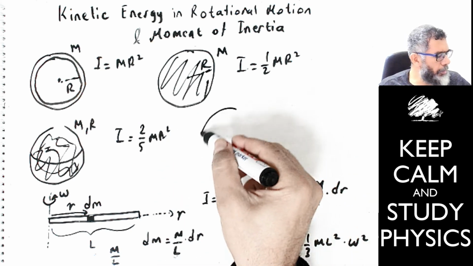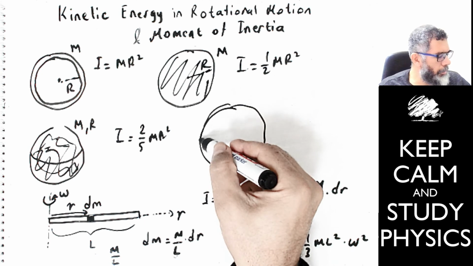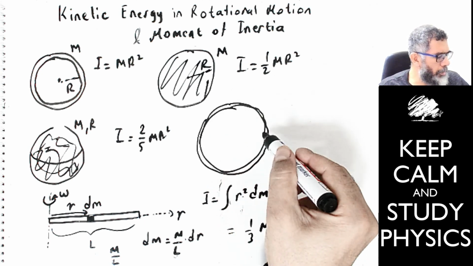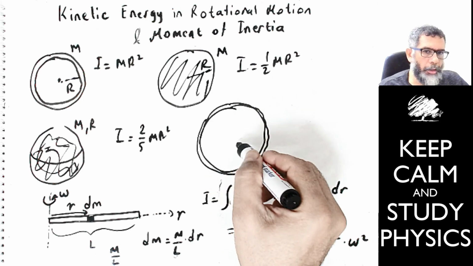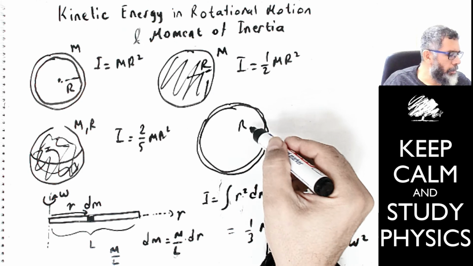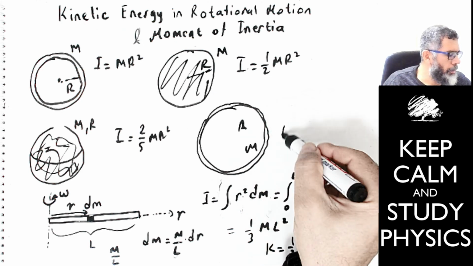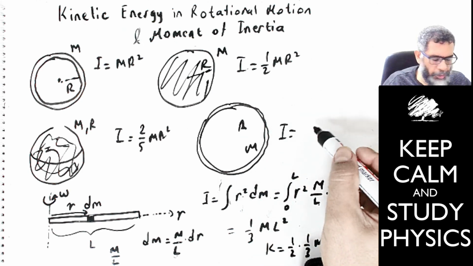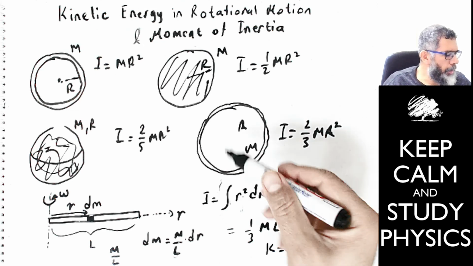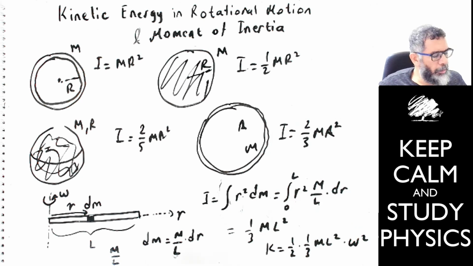And for a spherical shell, where all masses are distributed on its shell and the inside region is hollow, again having radius r and total mass m, the moment of inertia is just 2/3 mr squared. So these can be calculated, but I'm not interested in showing these calculations to you.